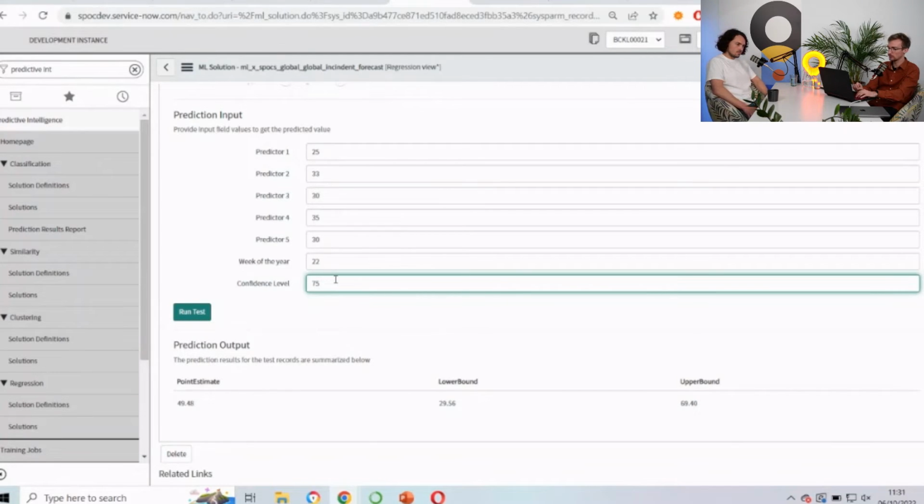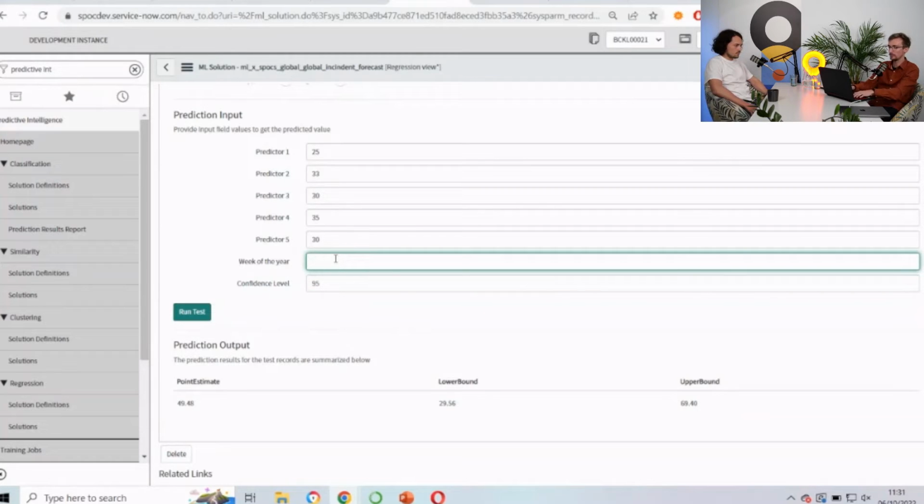I would like to check, maybe just change the week. Yeah, exactly, because we want to check if the predictive intelligence will be able to predict that there is indeed a valley at the end of the year, that there is a correlation between the week of the year and our point estimate. So the week of the year will be 52.